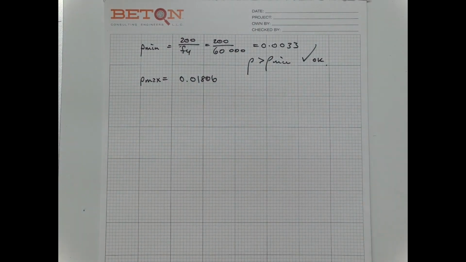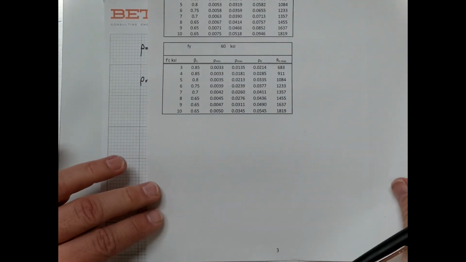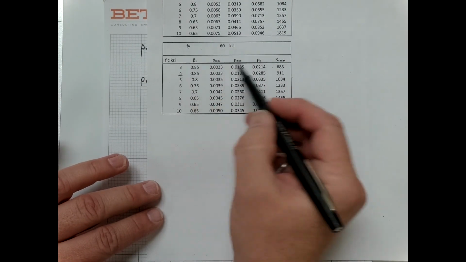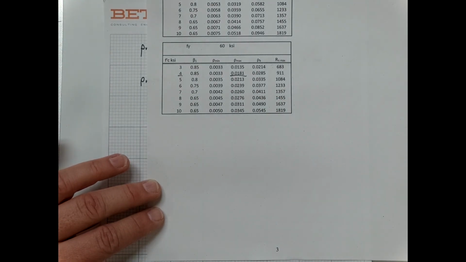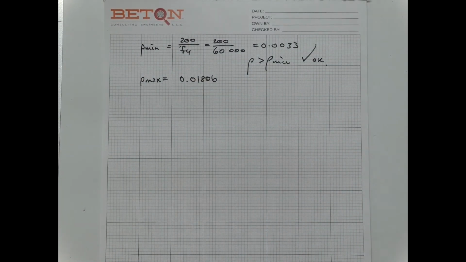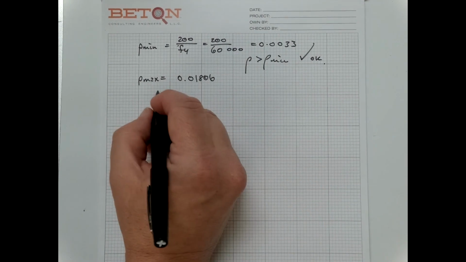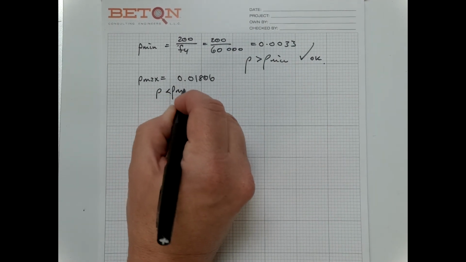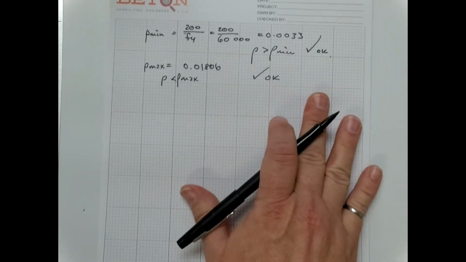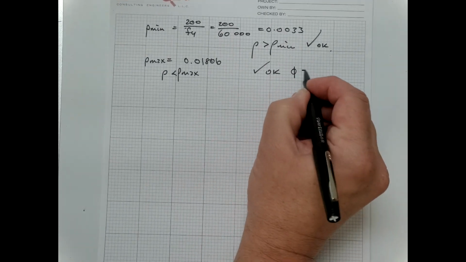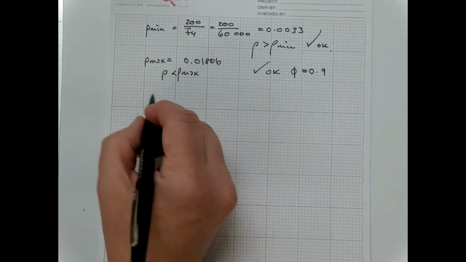And of course I could show you the equations for that value, or you could just look it up. 4,000 psi concrete, rho max, looked up on a table. This table will be in your examinations. So you check that. Well, rho is less than rho max. Okay, if that's true, then we are in tension control. Phi is equal to 0.9.